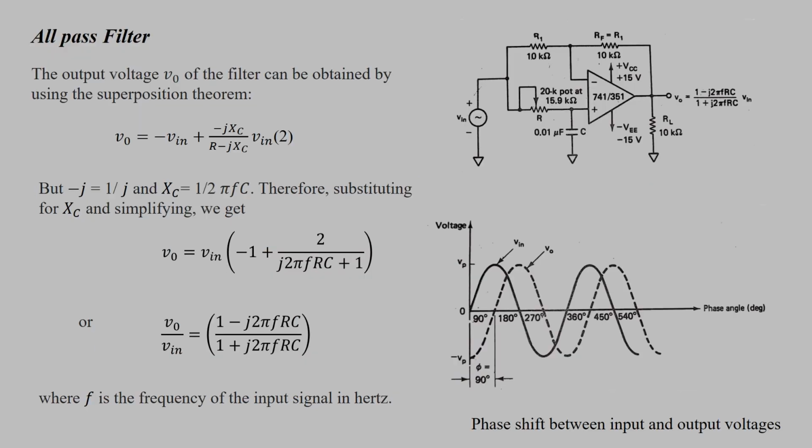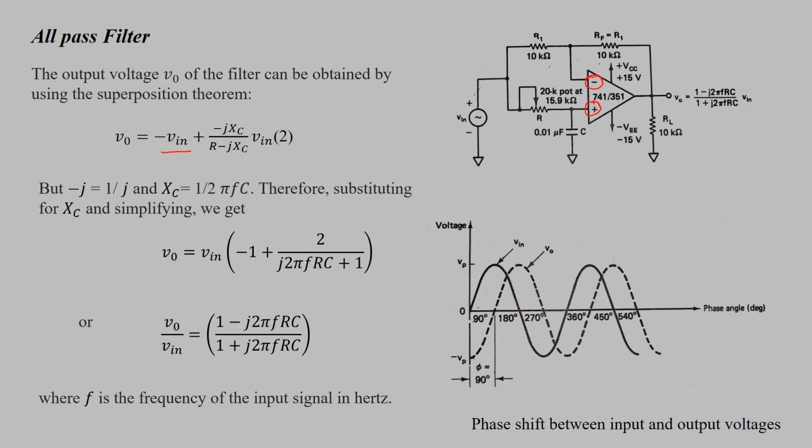The output voltage V0 of the filter can be obtained by using the superposition theorem, because one of the inputs is given to the positive and another to the negative side. So V0 is minus Vin plus (minus jXc over R minus jXc) times Vin times 2. Now minus j is 1 upon j and Xc is 1 over 2 pi fC, which we already know.